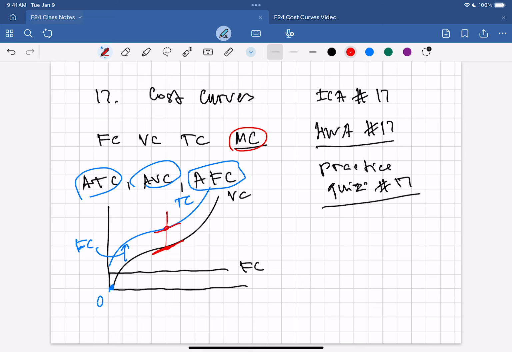So basically, if you're interested in figuring out or seeing average total or average variable cost at this Q, what you can do, you can just draw a line from 0 to this point, right? And then slope of this line will be actually AVC, and slope of this line will be your ATC. All right.